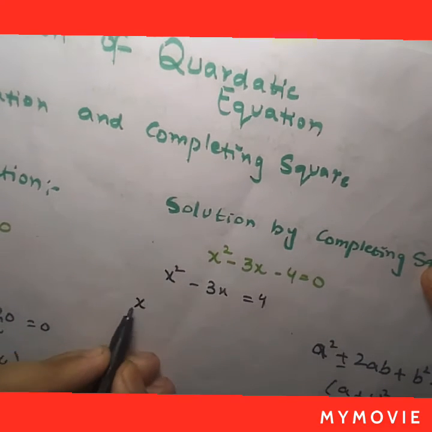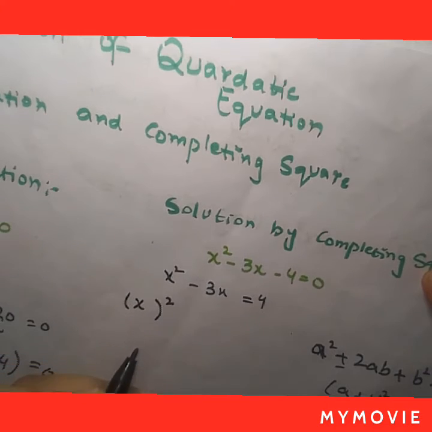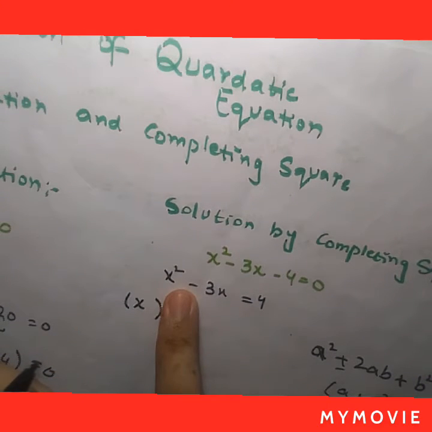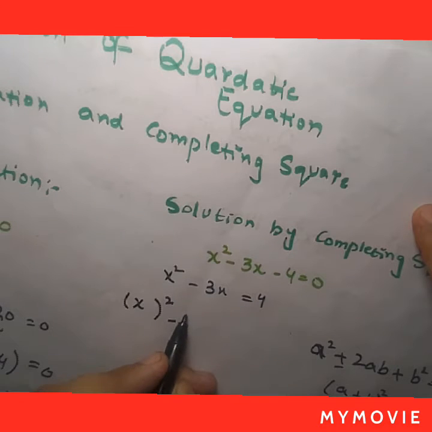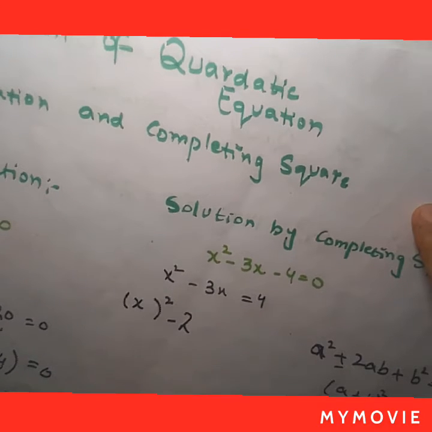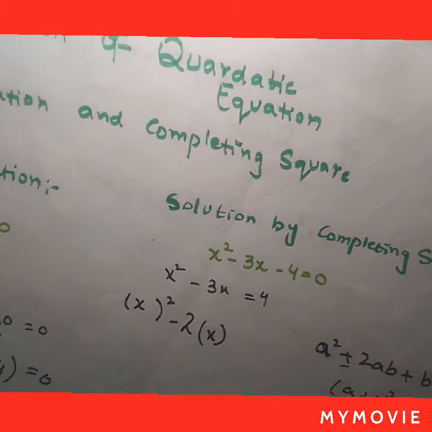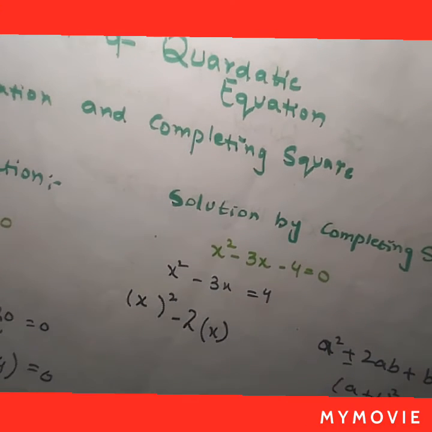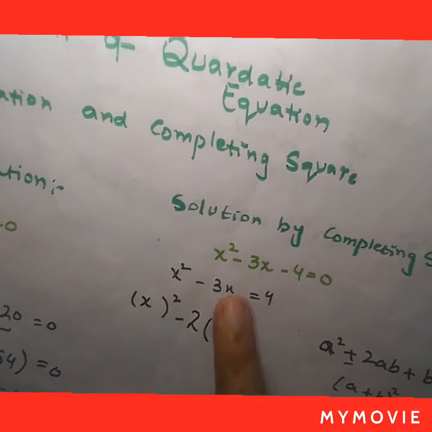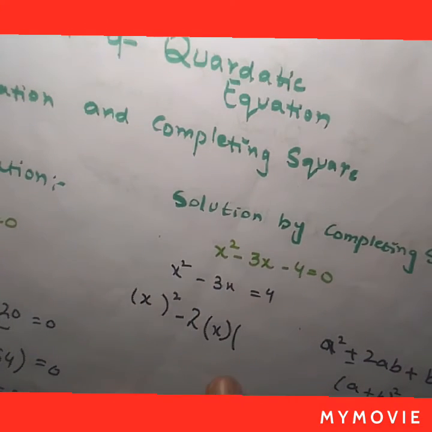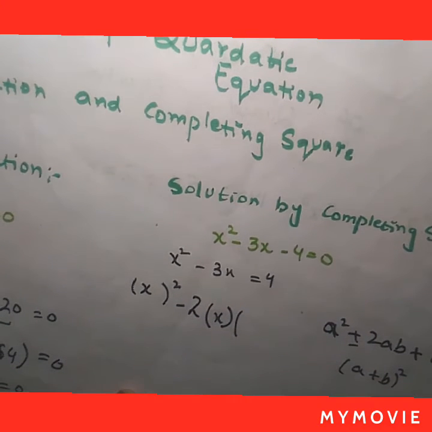First of all, we know that when we take the square of x, we get x square. Minus, we know that when we are talking about 2ab, a is x, we are putting it into that equation. The statement says 3x, and we can't write 2x, we can't change the equation.